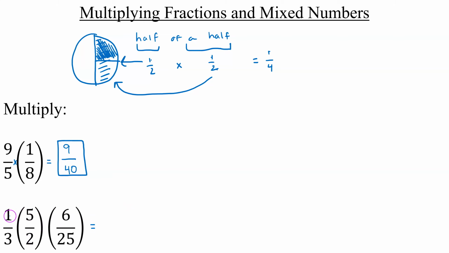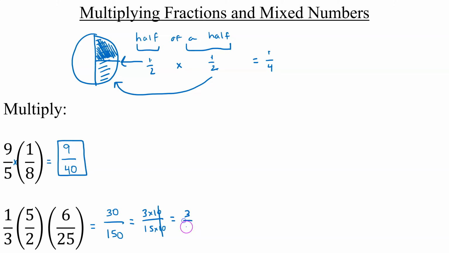So for this one, we have 1 times 5 times 6, which is 30. And then we have 3 times 2, which is 6, times 25 gives us 150. This answer can be simplified though. We could say 30 is 3 times 10, and 150 is 15 times 10, so our 10s cancel.